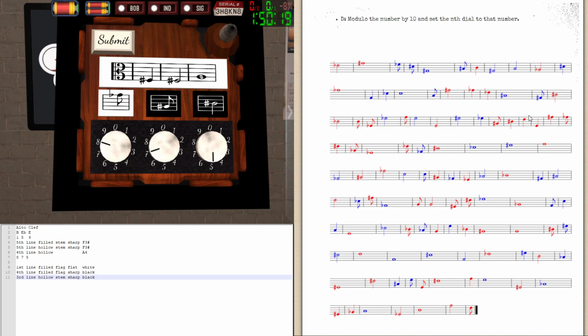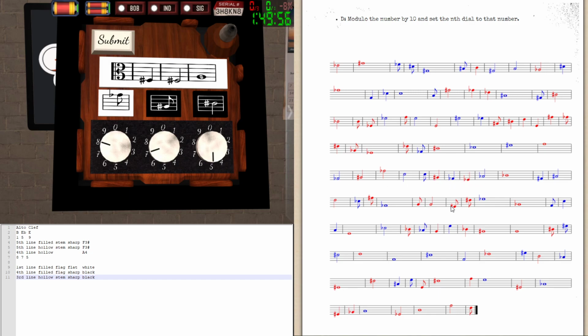The other one is the first note of the screen, which is going to be that fifth line, sharp, filled. So I need to find another red note. See if I can find it. Is this it? No, that's a flat.